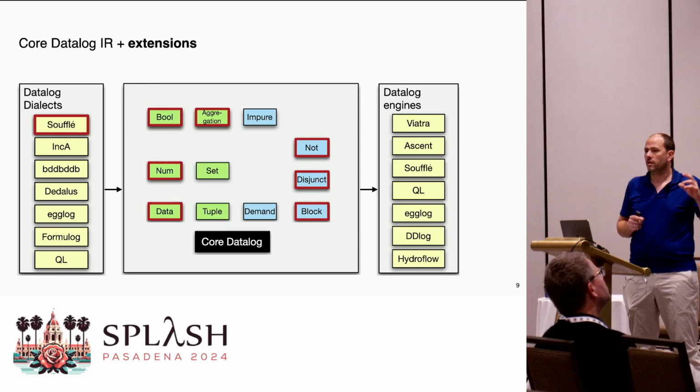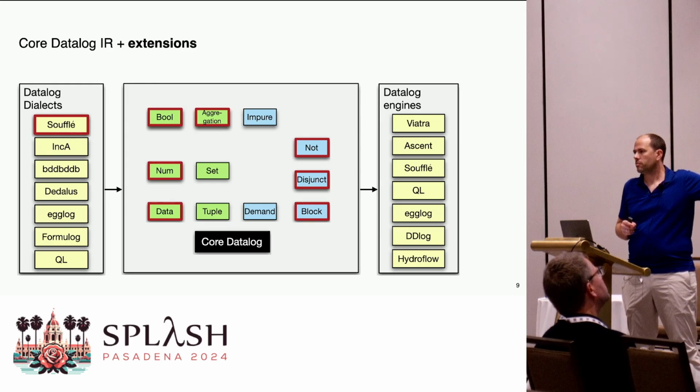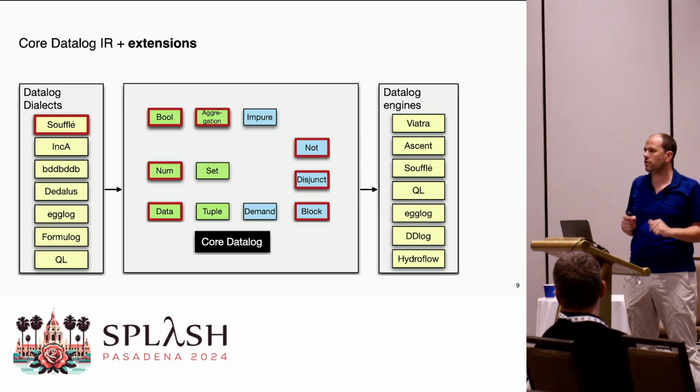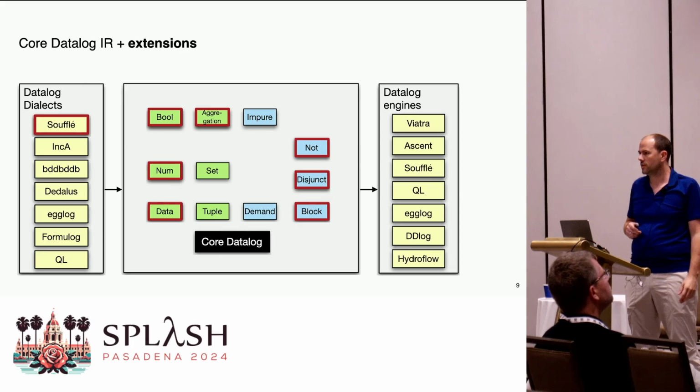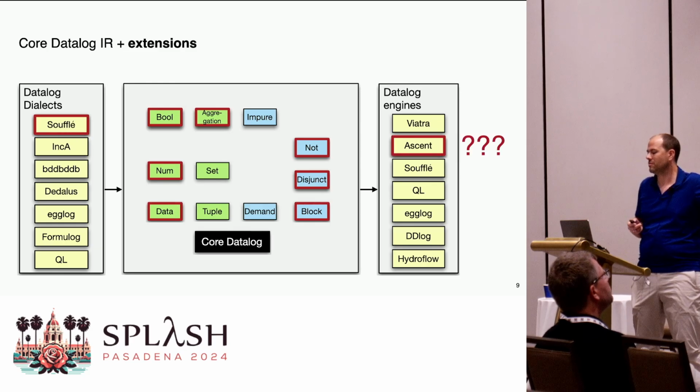And it can generate not just core Datalog, but also use these IR extensions. But we still have a problem. The problem is the Ascent solver, which is one Datalog solver written in Rust. The Ascent solver now seems to have to implement all of these extensions, right? And that's not so great either.